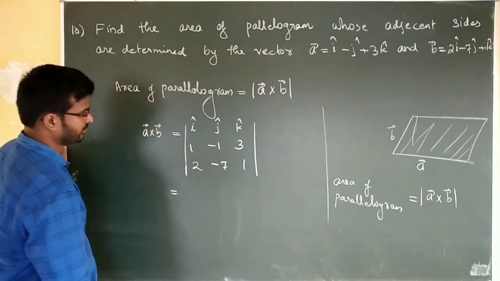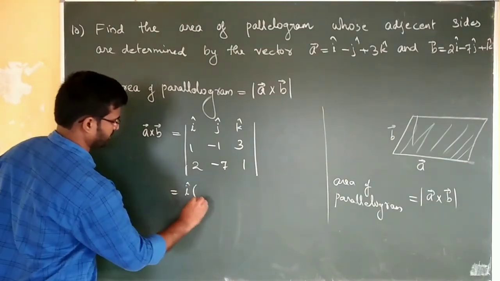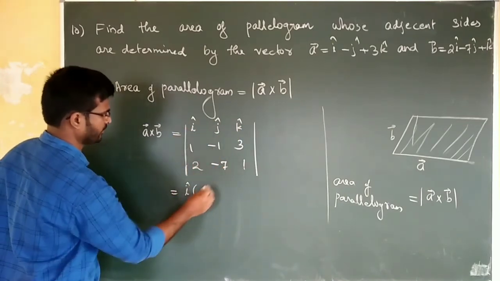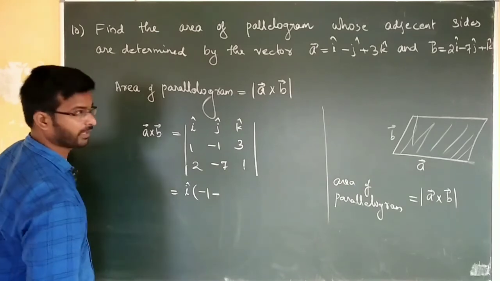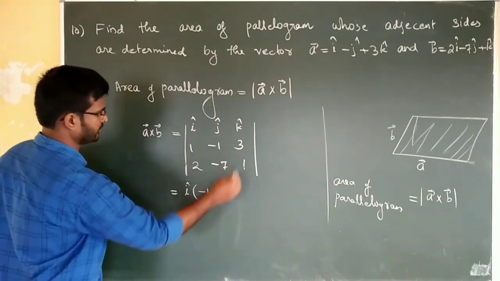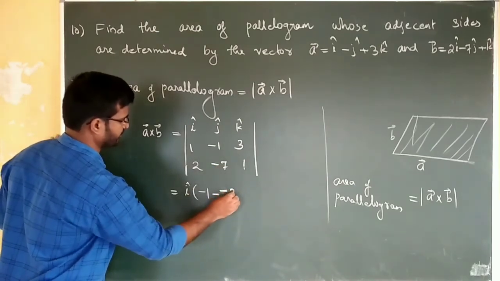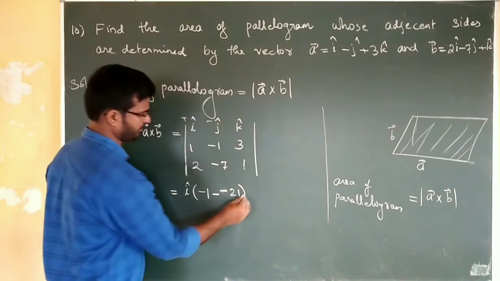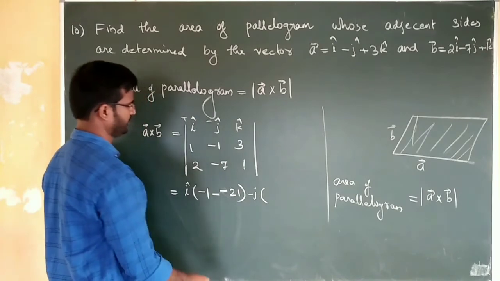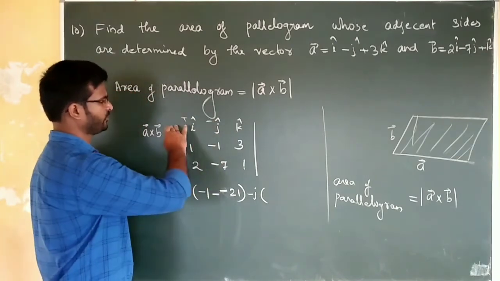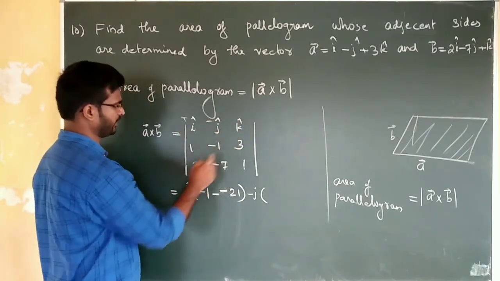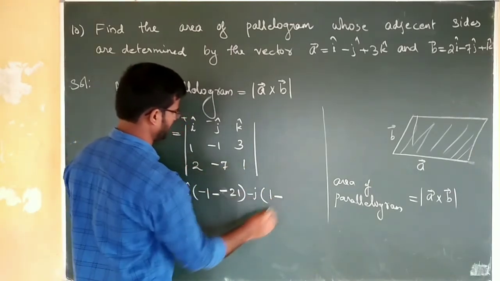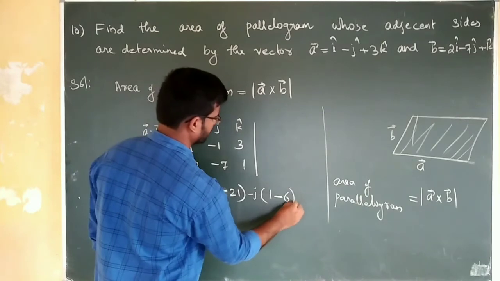Then take the determinant: i vector into the first row, first column, minus 1 into 1 is minus 1, then minus 7 into 3 is minus 21. Okay, plus, next will be minus, isn't it? Minus j vector into, we leave the second column and first row, and the remaining 4 numbers are 1, 3, 2, 1: 1 into 1 is 1, minus 2 into 3 is 6.